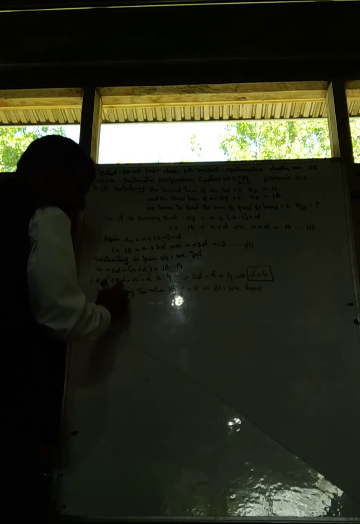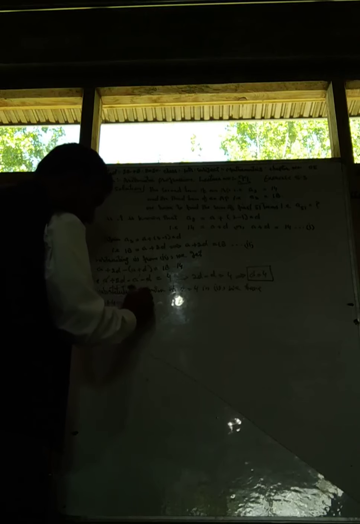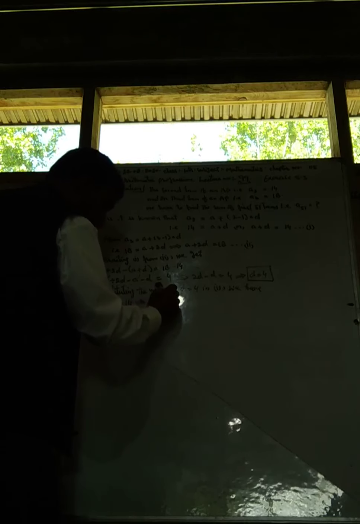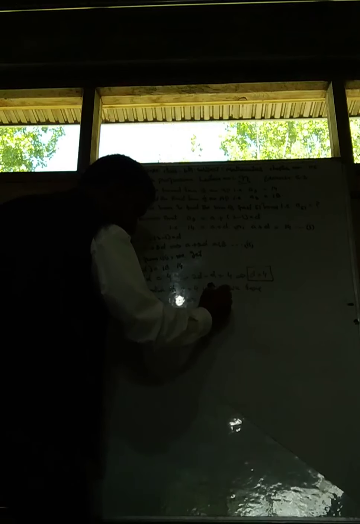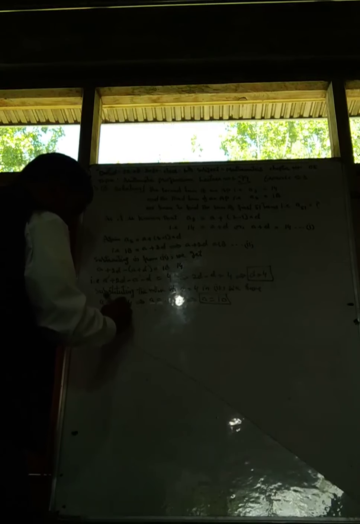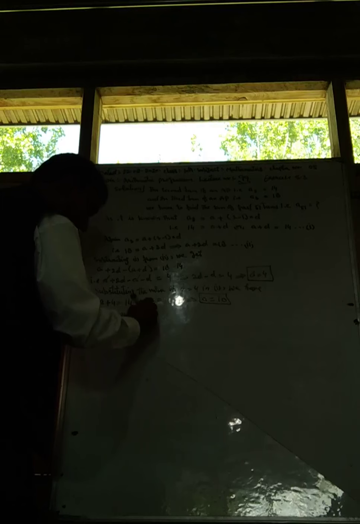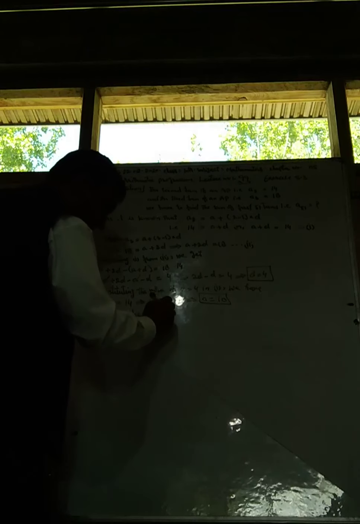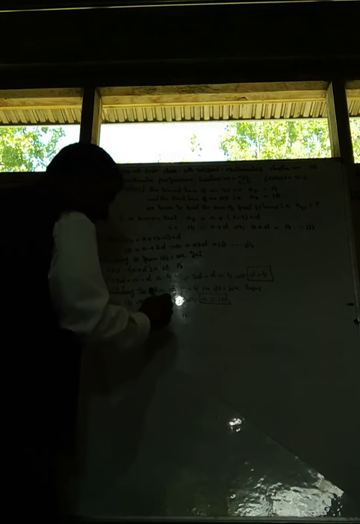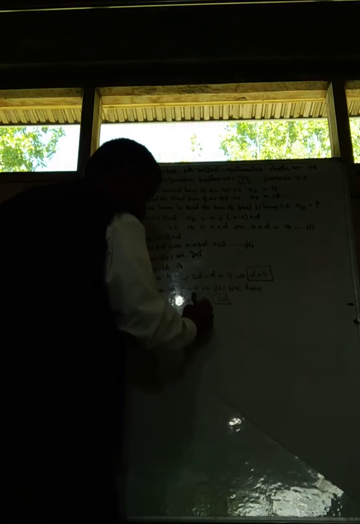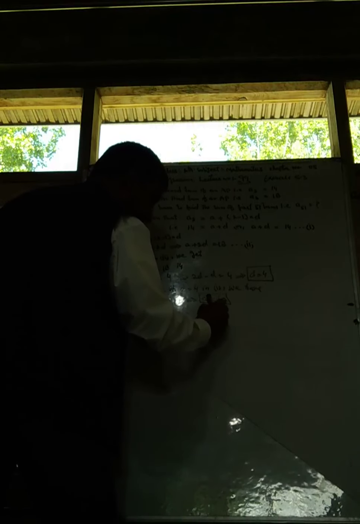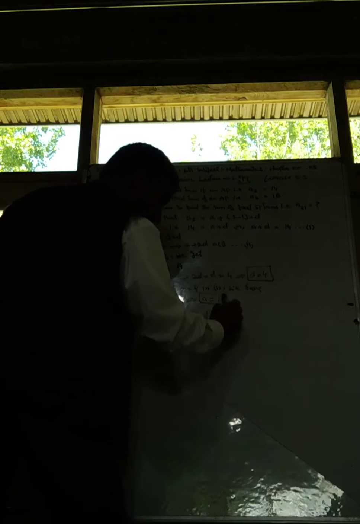A plus 4 is equal to 14. Implies A is equal to 14 minus 4, which is equal to A is equal to 10. Now we have here the first term A is equal to 10 and the common difference D is equal to 4.